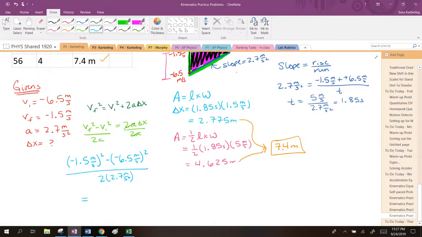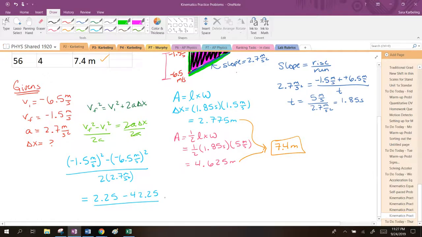I'm going to pull my calculator out. All right, so I've got 1.5 squared gives me, I'm just going to write this out one piece at a time, 2.25, okay? And then I've got minus 6.5 squared, which is 42.25. So I'm going to subtract those, 2.25 minus 42.25.